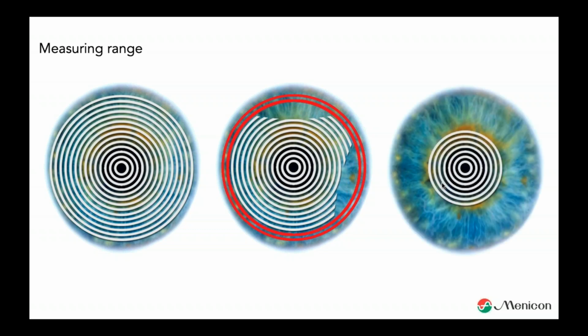And there is the old school topographer, the older ones. We are starting to replace them already. They only measure this area of the cornea, and we have to extrapolate that much. We have to assume so much that for the new fitting philosophy, which will probably start in a couple of years, they are not reliable.